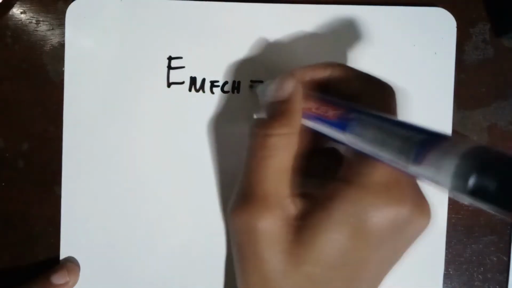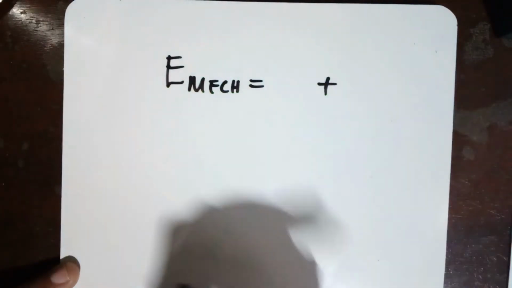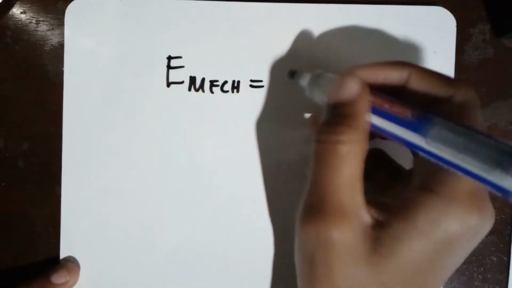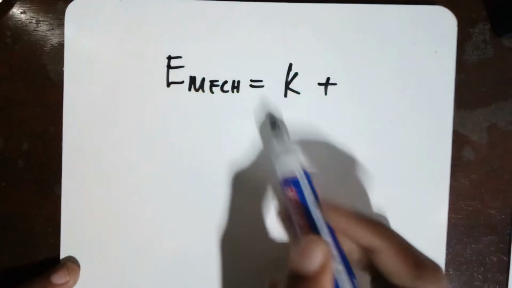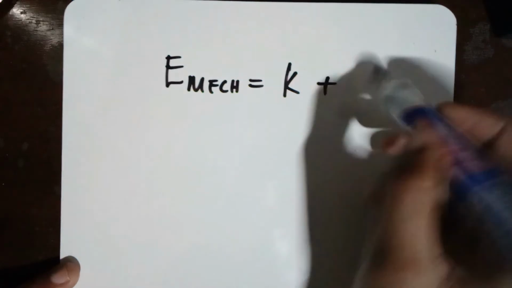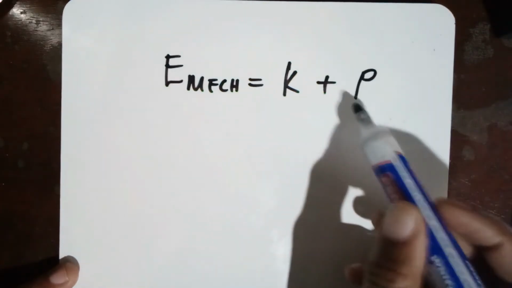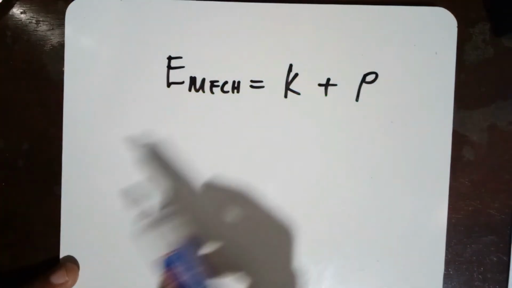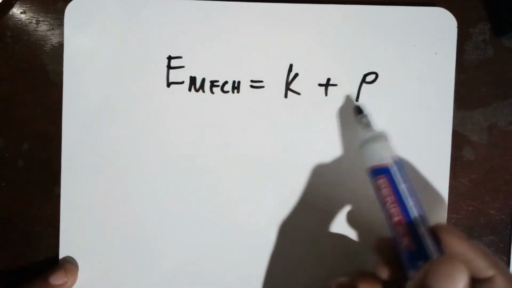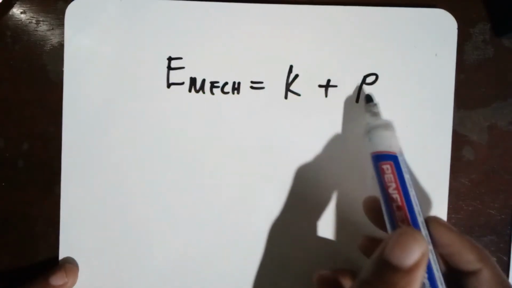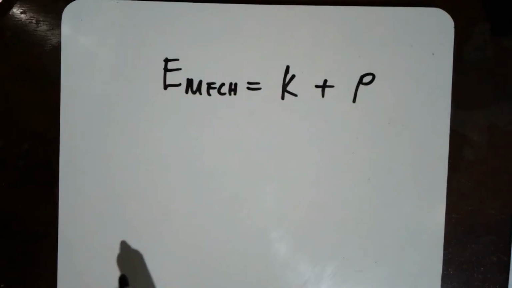It is the sum, so we're adding two things. It is the sum of the kinetic energy. We've already spoken about kinetic energy, and now we're going to be introducing you to another thing, which is potential energy, and we represent that by the letter P. So don't confuse this with momentum, it's just potential energy.